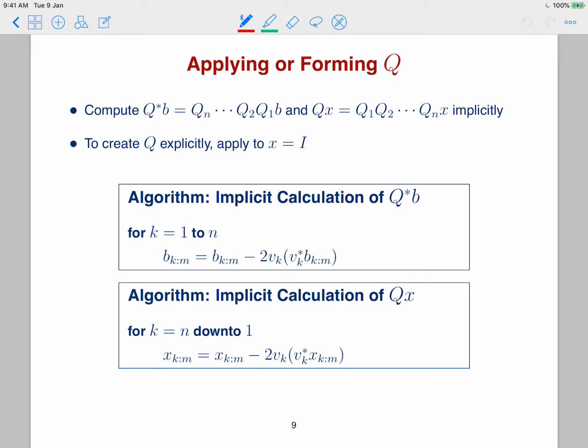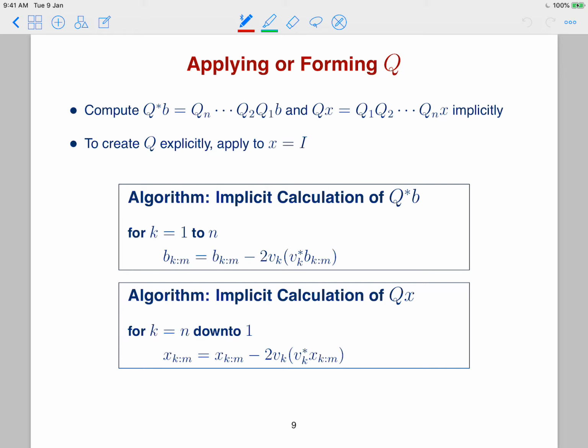Why don't we need to compute this explicit matrix Q? There are many applications or scenarios where we don't actually need to compute this Q.